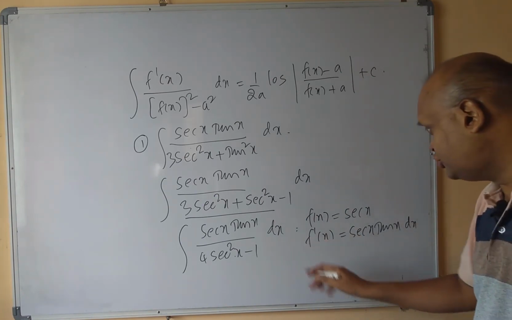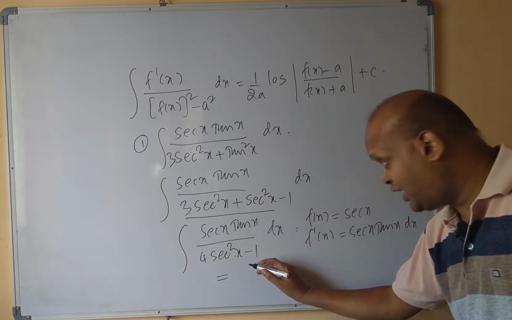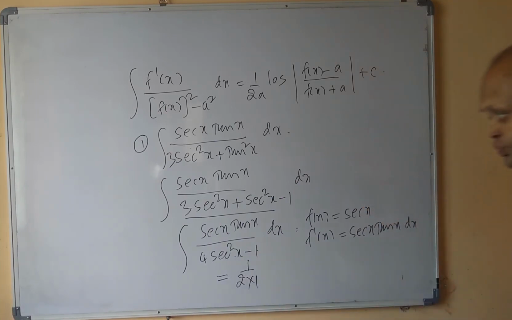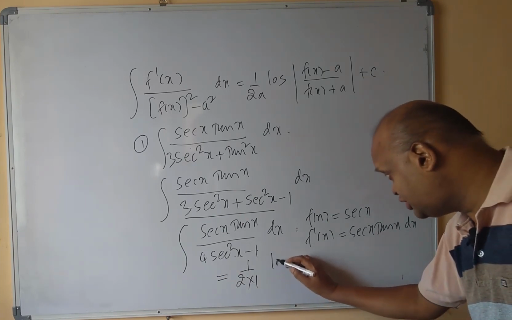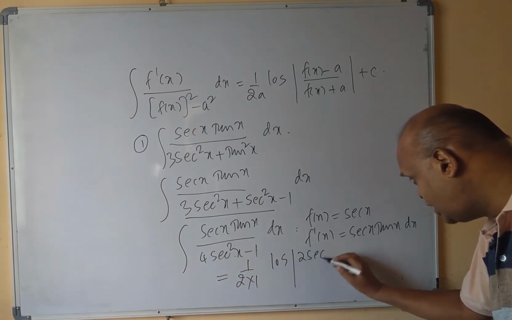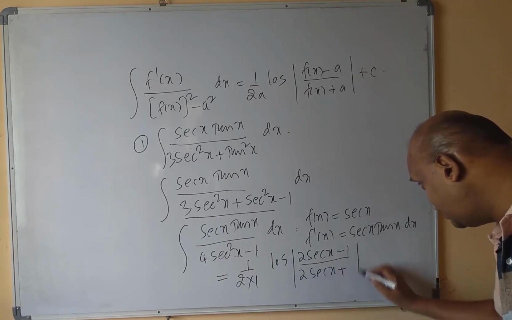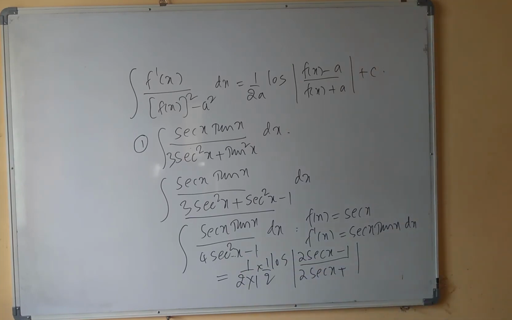So your answer, with a square, is 1 by 2a. It is 2 sec x whole square, right? So your answer is log of (2 sec x minus 1) upon (2 sec x plus 1) into, the coefficient of sec x, 1 by 2. So that is the answer of the problem.